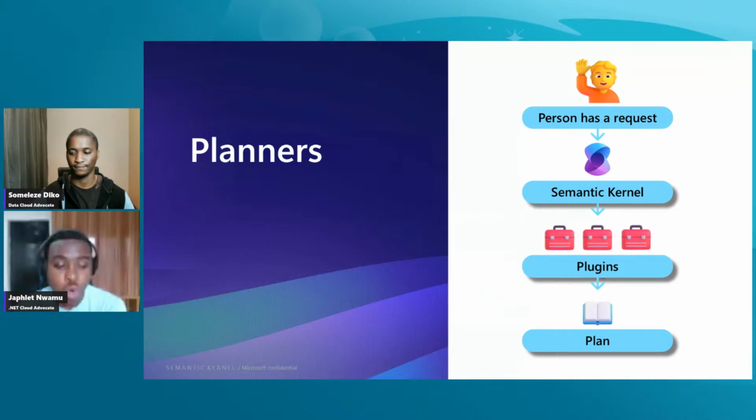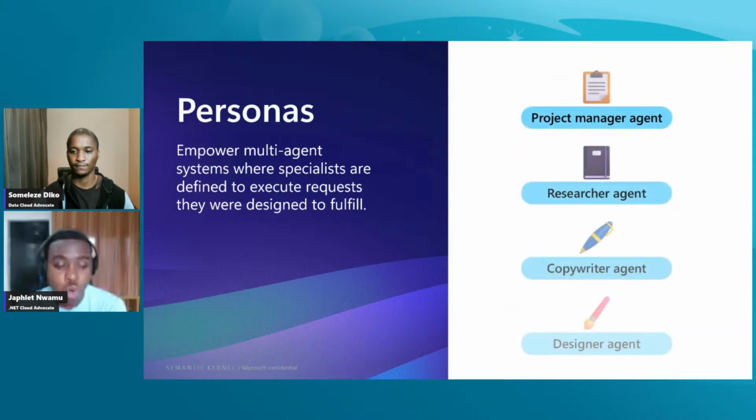Quickly, also moving on to personas, it's basically the jack of all trades and the master of none. That's where you have personas. So instead of having one agent responsible for everything, you have what we call a multi-agent system, where individual agents with defined expertise are created. Everyone will have their own personas, everyone will have their own needs.